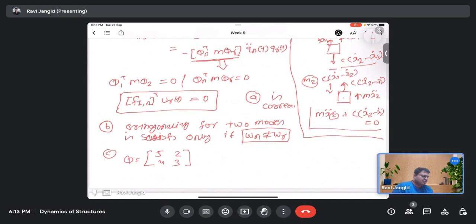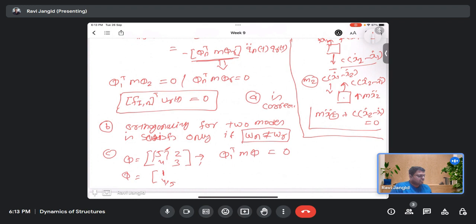If I find phi 1 transpose M phi 2 using this, it should be 0. And if I normalize this mode with respect to the topmost or largest degree of freedom, how much would it be? 1 and 4 by 5.